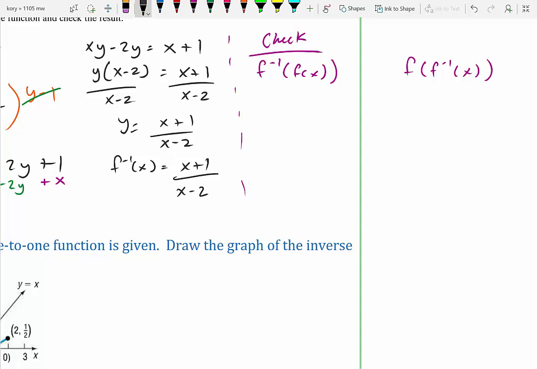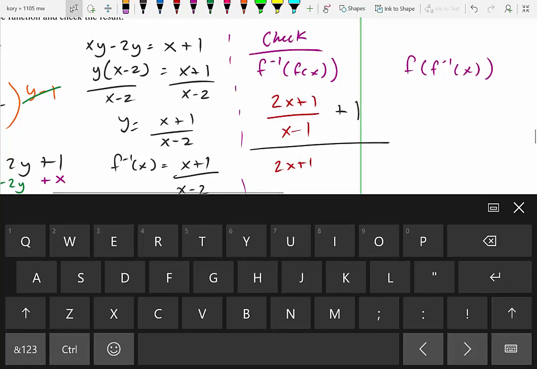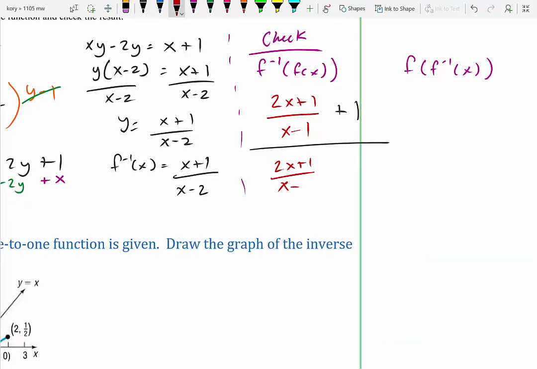So x is the function we're going to put into it. So that's 2x plus 1 over x minus 1, and that's plus 1. And that's all over x, which is our function of 2x plus 1 over x minus 1, minus 2.